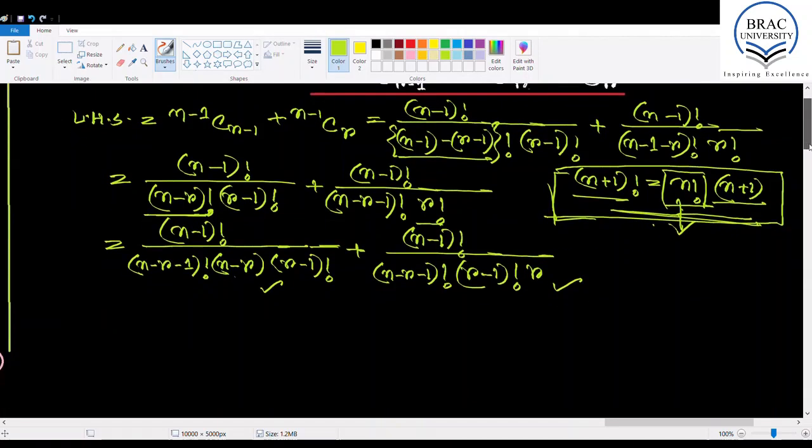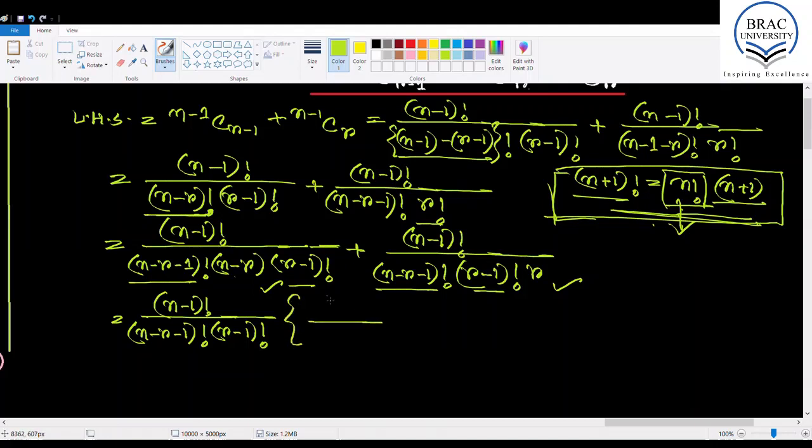Okay, so now we get a few terms common here. See here that (n minus 1) factorial is common, and this term is also common. So (n minus r minus 1) factorial and (r minus 1) factorial, all three terms are common.